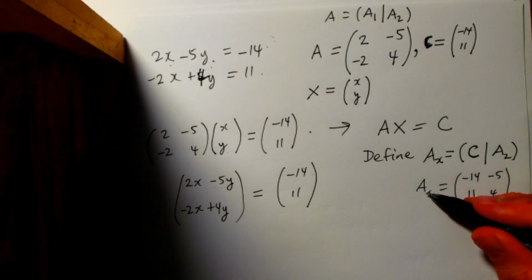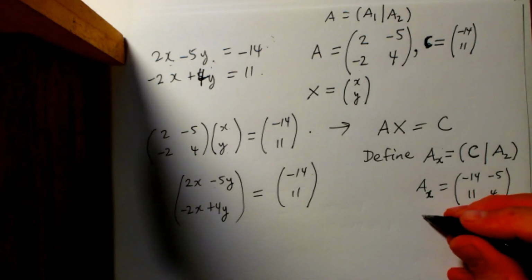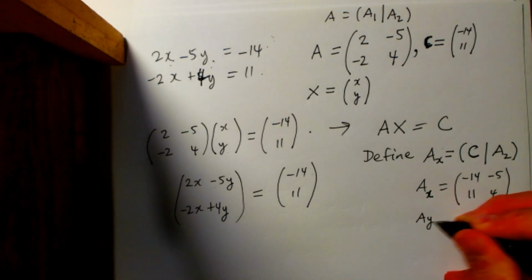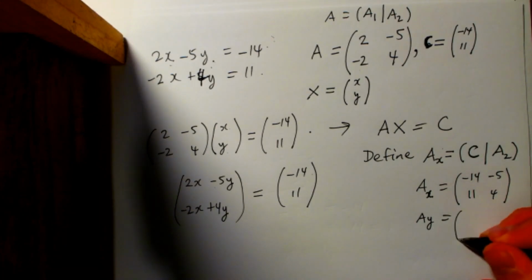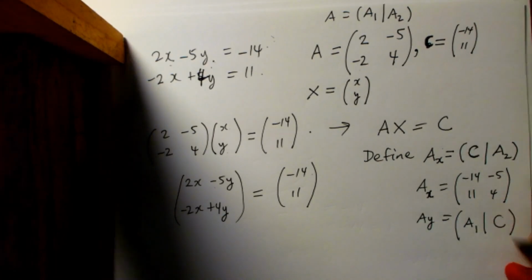So this is our matrix A subscript X. Okay, so in the same way we can form a matrix A subscript Y. So A subscript Y is equal to the concatenation of A1 with C.